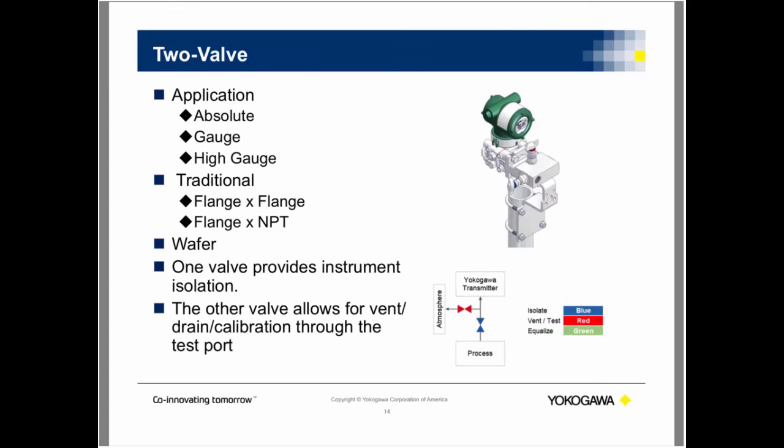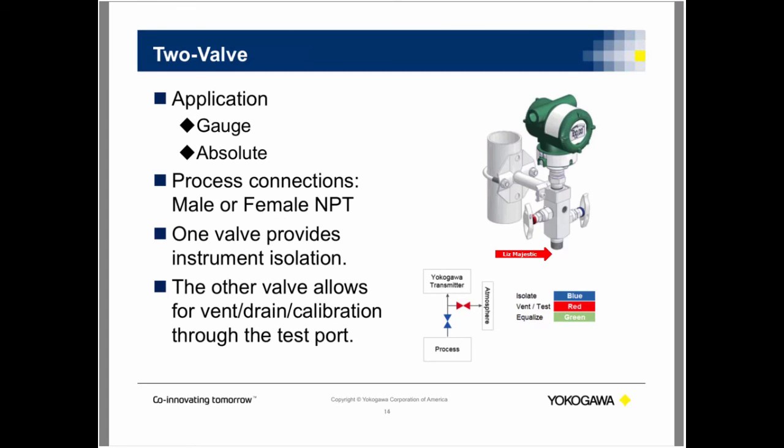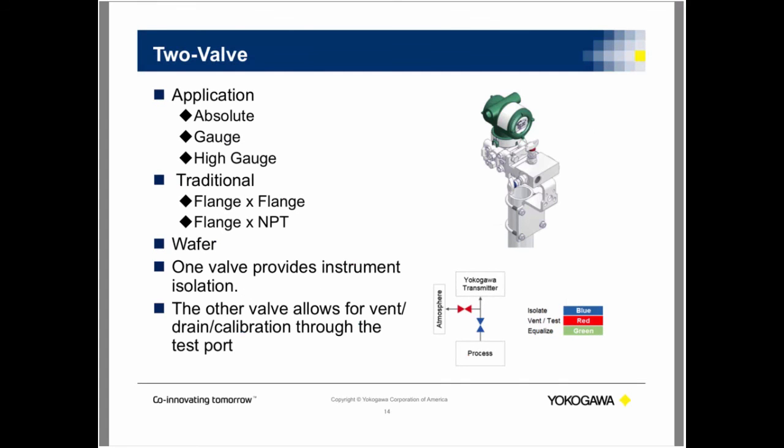Next, we'll be going to another type of block and bleed, but it's a 2-valve. This is considered 2-valve also, but this is a different type of 2-valve because it's a threaded manifold, and this is for more of a traditional mount transmitter. And the manifold is a flange. As you can see, this manifold is a flange by pipe, which is what I was talking about earlier.